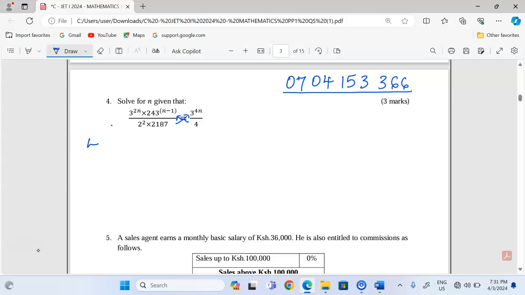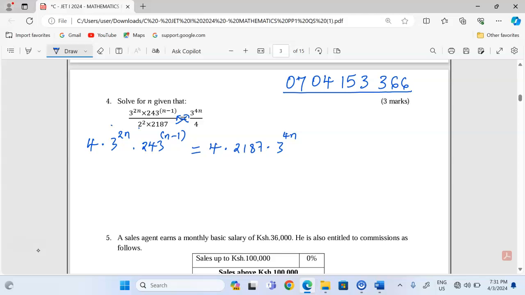So we shall have 4 multiplied by 3 power 2n multiplied by 243 power n minus 1 equivalent to, remember 2 power 2 is 4, multiplied by 2187 multiplied by 3 power 4n.